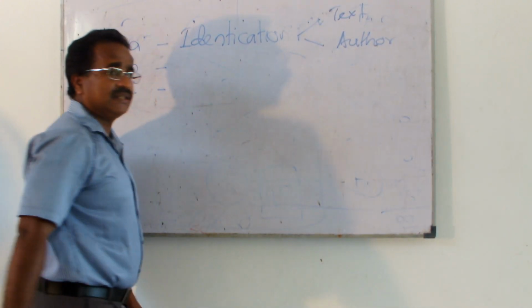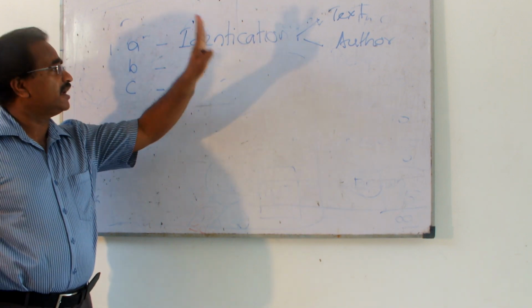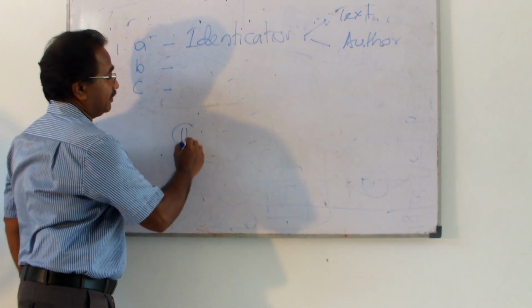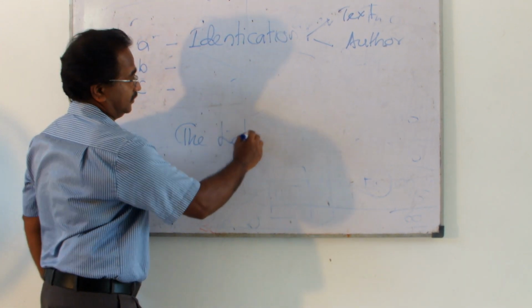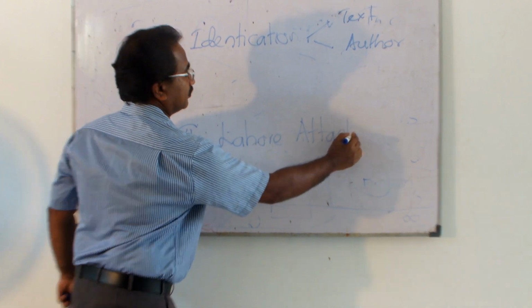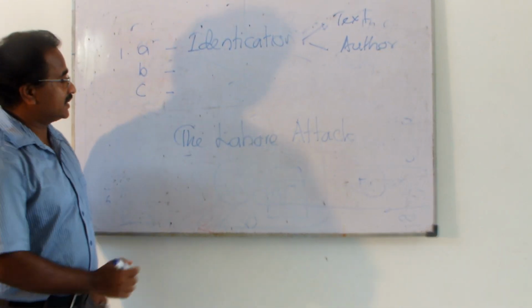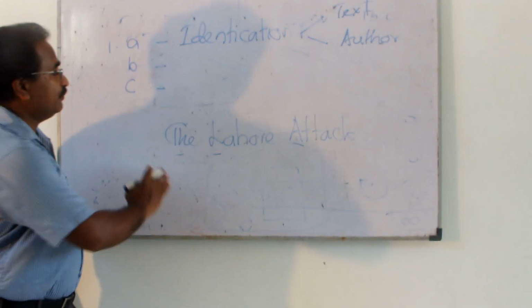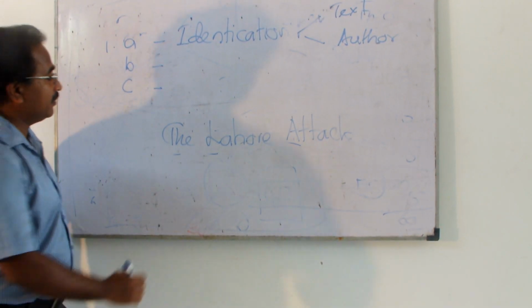When you write the name of the text and the name of the author, you have to write with correct spellings. For example, The Lahore Attack. Capital T compulsory, capital L compulsory, capital A compulsory. If you have this capitalization, you get marks.